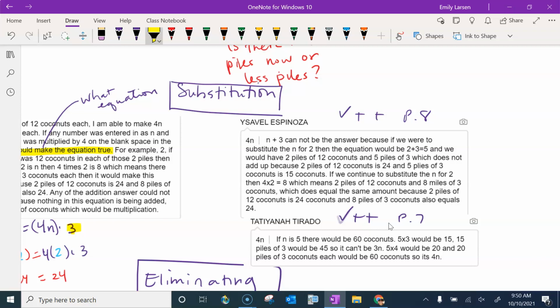If we continue to substitute n for 2, then 4 times 2 is equal to 8, which means 2 piles of 12 coconuts and 8 piles of 3 coconuts, which does equal the same amount because 2 piles of 12 coconuts is 24 and 8 piles of 3 coconuts also equals 24.